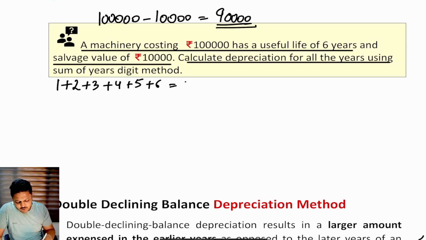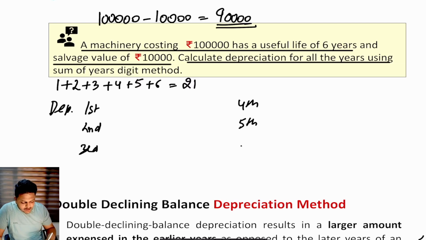The sum came out to be 21, sorry. This will be the denominator, and we can calculate the depreciation for the different years: first, second, third. I'm just writing it over here. You should solve it at the earliest and mention the answers.